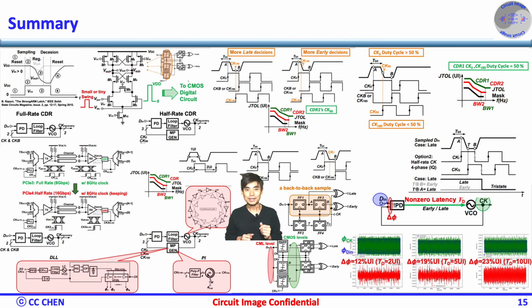The full-rate CDR only requires a simple differential clocking, which is available from any VCO. But the half-rate CDR may require multi-phase clock generation from a ring oscillator, phase interpolator, DLL, or any extra blocks.